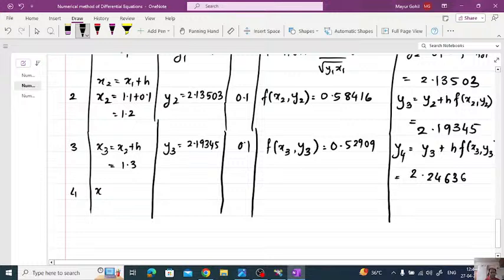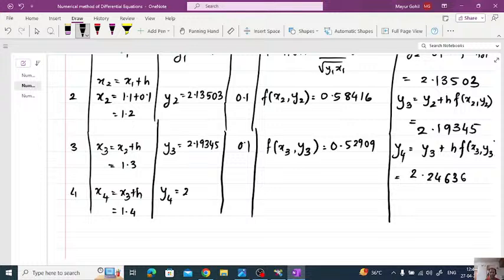Here it is x3 and now x4. So x4 is nothing but x3 plus h. So this is 1.4. Now y4 we have got 2.24636. Okay, and here h is 0.1.